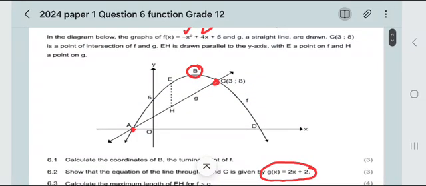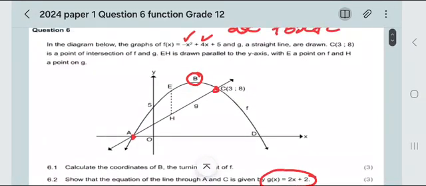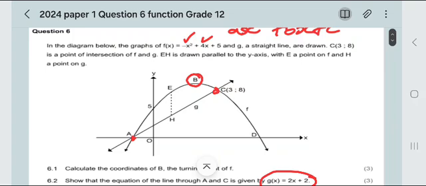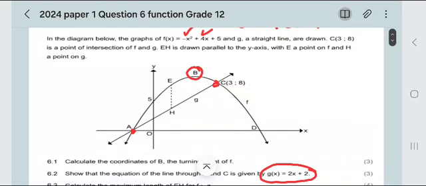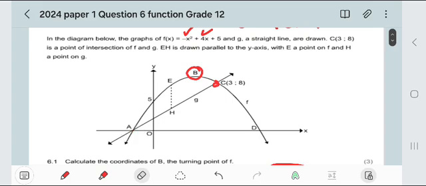As you can see, the point A is also the point where the graph of f and the line intersect, so they share the same point there.